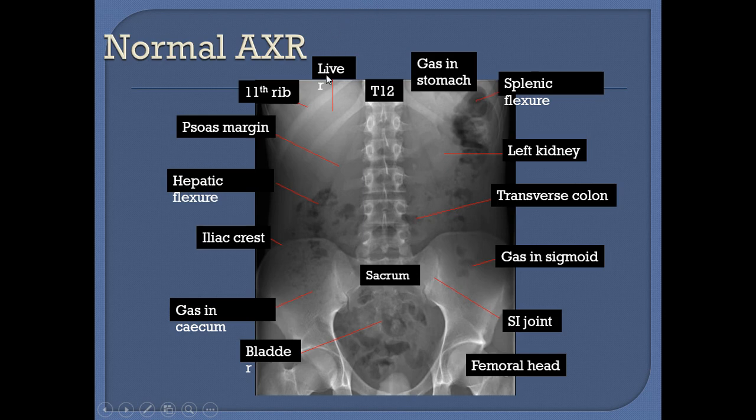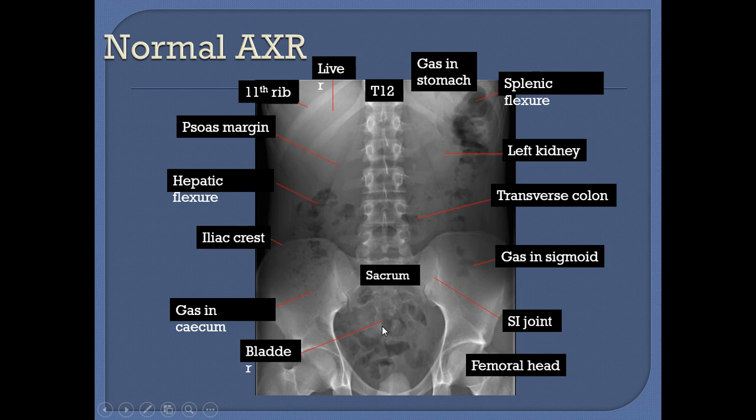Now on the right upper quadrant there is liver shadow. You can see 11th and 12th ribs, the inverted triangular psoas margin, hepatic flexure, iliac crest. In the right lower abdomen, gas in the cecum.